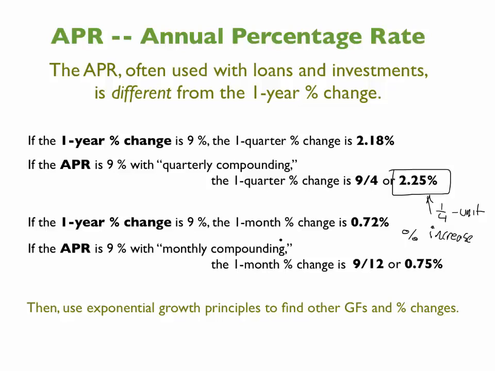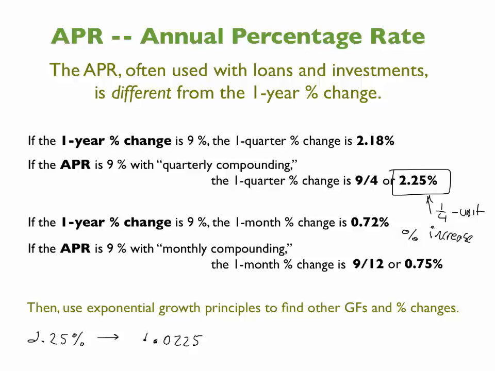How are we going to do it? Brandon, how are we going to do this? I've got the 1 quarter percent change, and I want the 1 unit percent change. So that's the percent change. Convert that to a decimal, so it's 0.0225. Is this growth or decay?